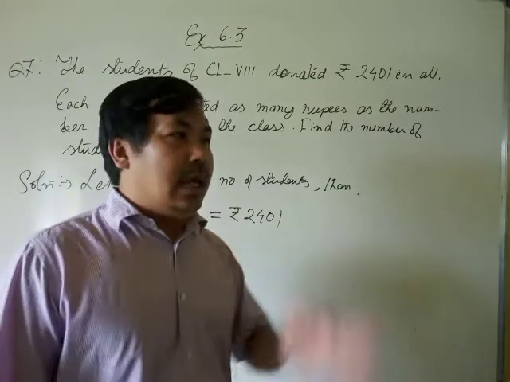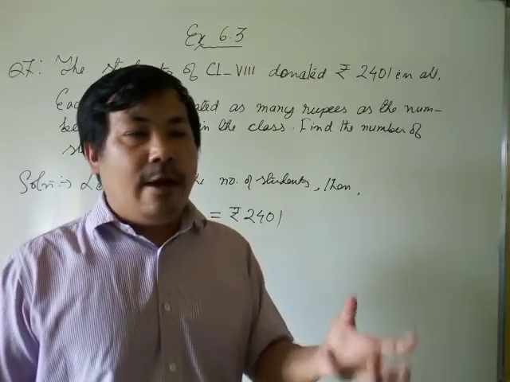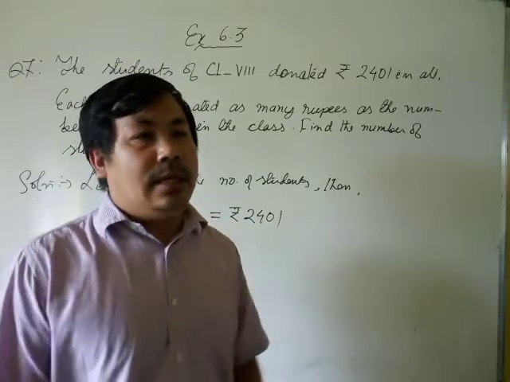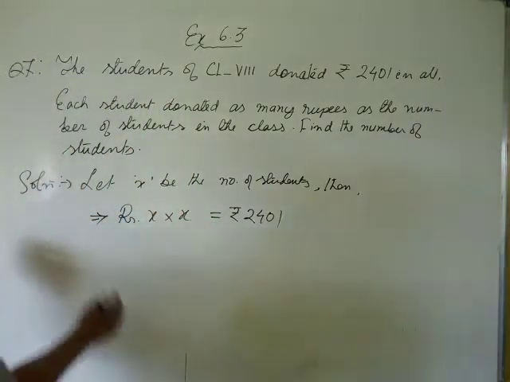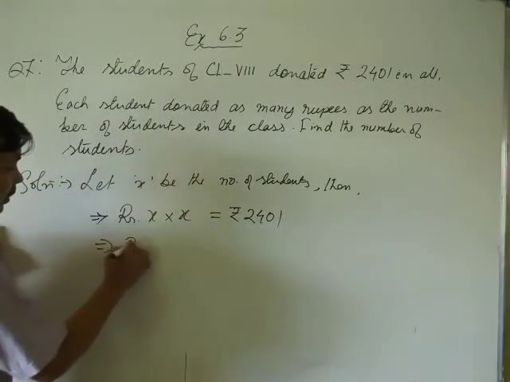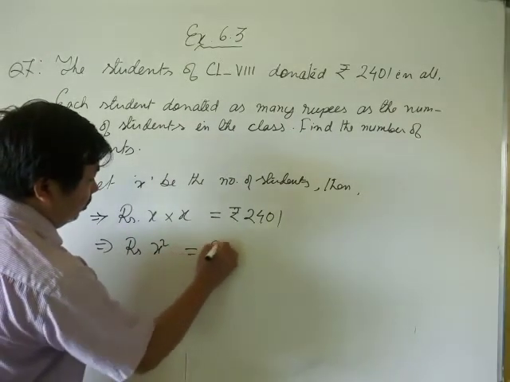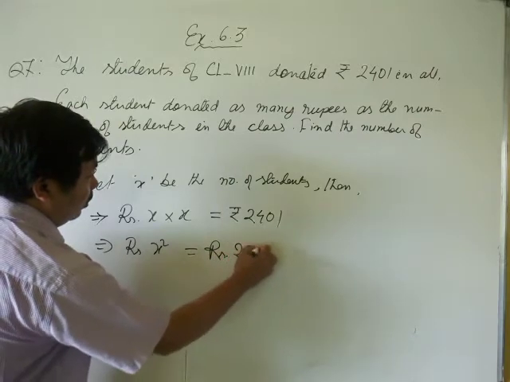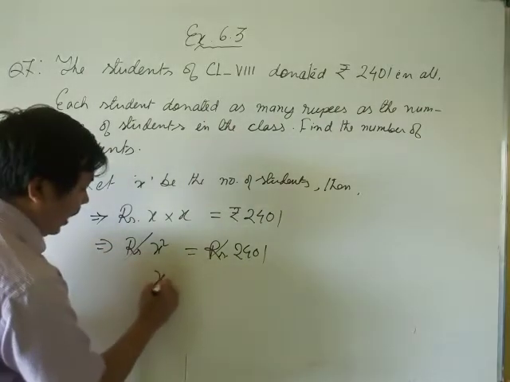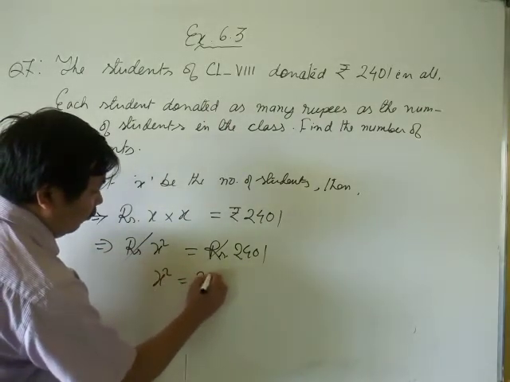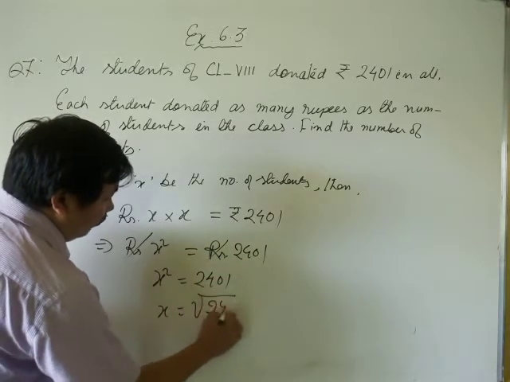Rupees x is the amount for one student. How many children are there? x children are there in the class. That means rupees x into x, so x square equals 2401. Now we can get x square equal to 2401, and x is equal to the square root of 2401.